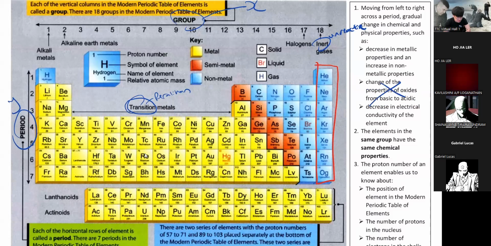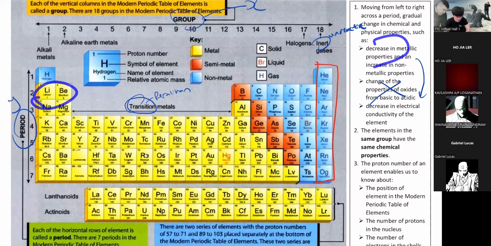This one you don't need to know, this is chemistry. Decrease in electrical conductivity. They are becoming less able to conduct electricity, because they are slowly changing from metal to non-metal, from conductor to insulator. They are becoming worse at conducting electricity.